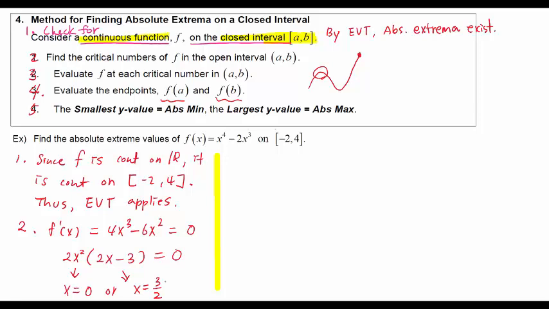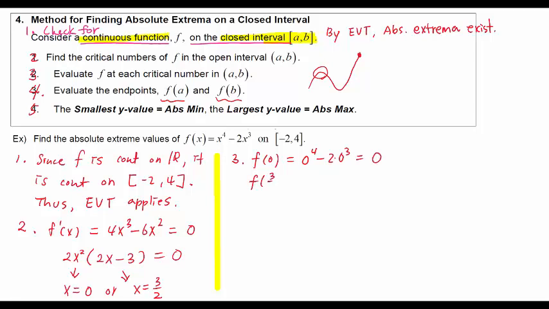So you found the two critical numbers. So step 3, you're going to evaluate f of 0 and f of 3 over 2, because any relative minimum or relative maximum occurs at a critical number. So f of 0 is 0 to the 4th minus 2 times 0 to the 3rd, which is 0.